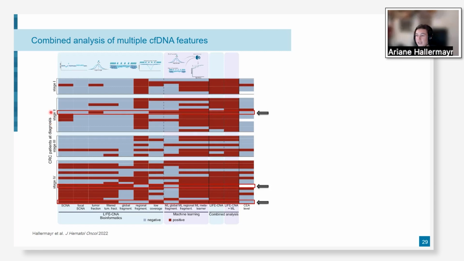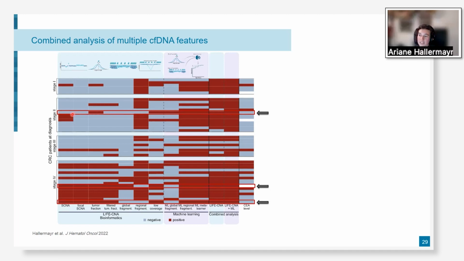When highlighting those 3 patients marked here with the arrows and red boxes, you can see that based on regional fragmentation data, no ctDNA was predicted, the analysis that I just mentioned in the previous slide was the cfDNA feature with the highest sensitivity for ctDNA detection.